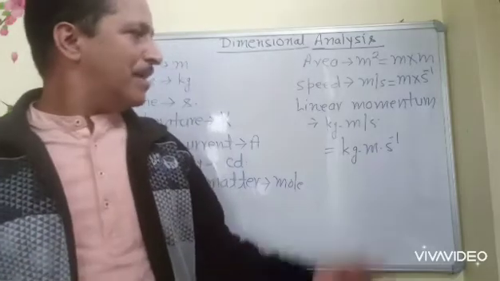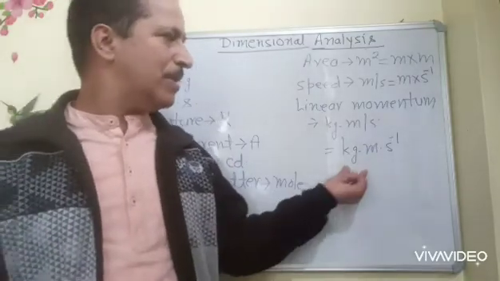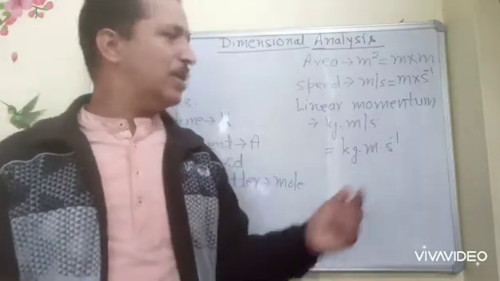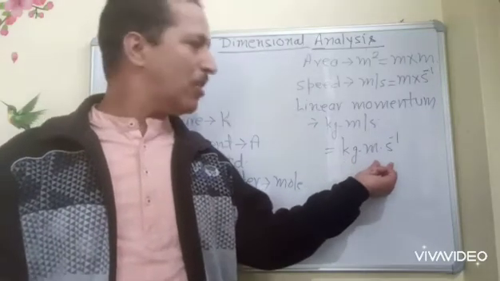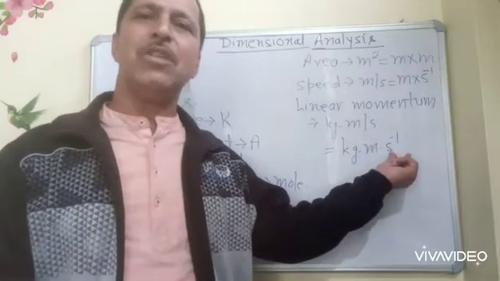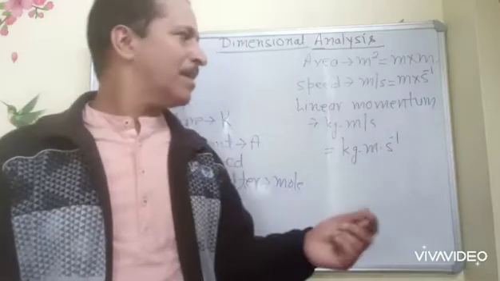As for example, unit of linear momentum is kilogram meter per second. So it is the product of the unit of mass, unit of length, and unit of inverse of time.